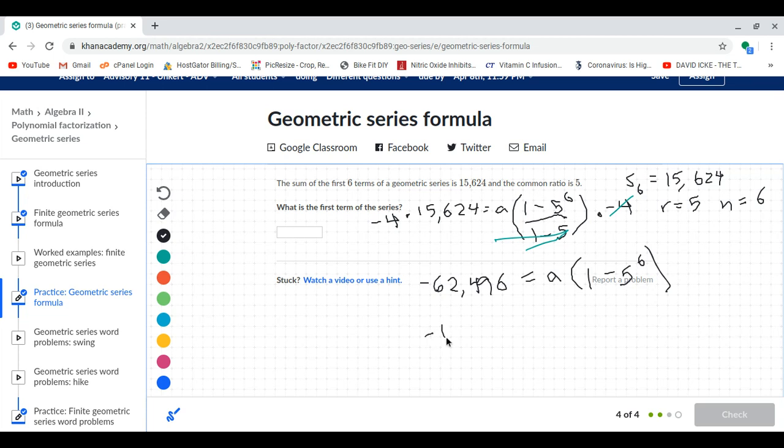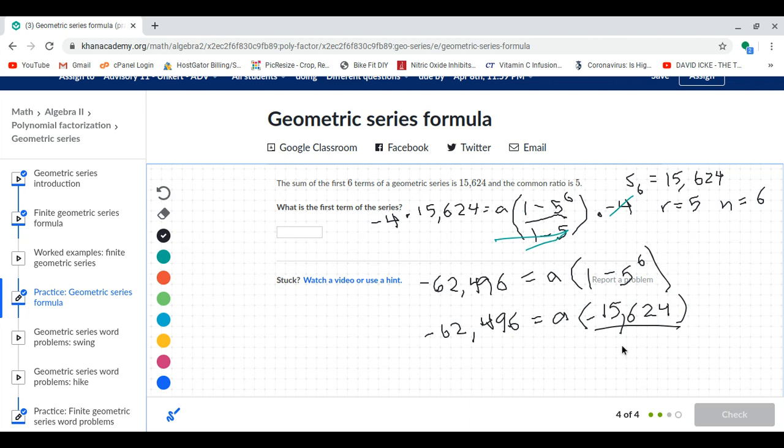Okay, so 62,496 equals A times this is going to be -15,624. So when you divide both sides, remember this times 4 was this.